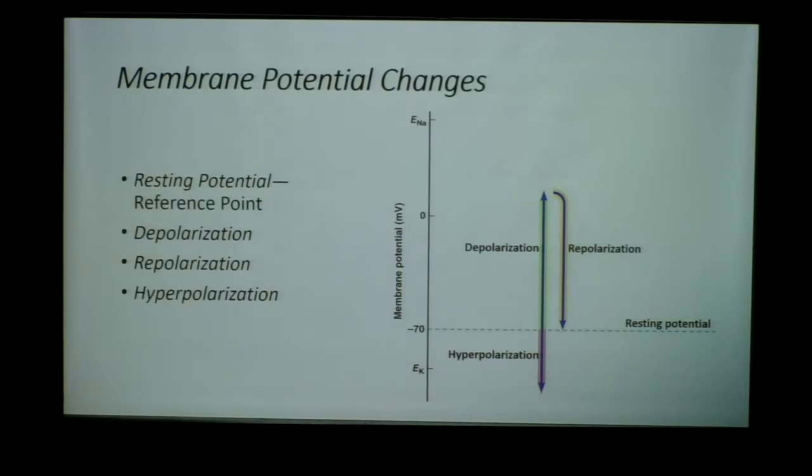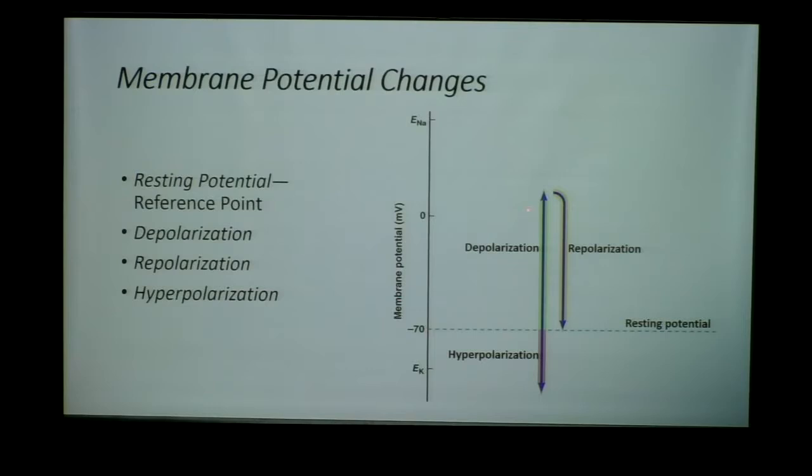And so basically, when we talk about the fluctuations of the membrane potential, all we're saying is that the membrane is becoming more or less permeable to some of the ions in question. If it becomes more permeable to potassium, it's going to start dropping. If it becomes more permeable to sodium, it's going to start rising. And so we have to have an understanding of what's causing those fluctuations, right?